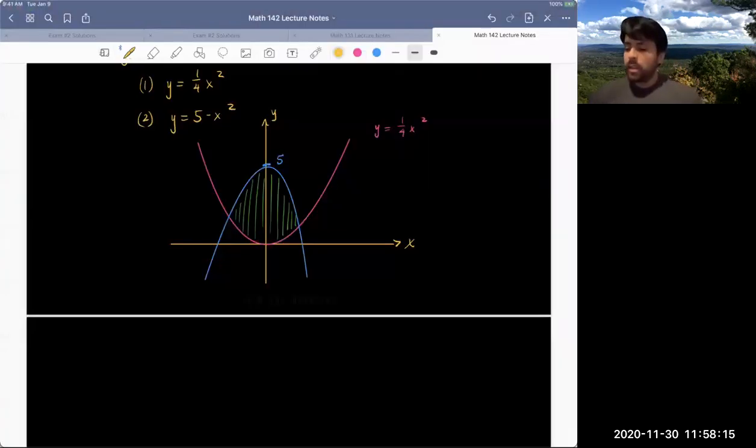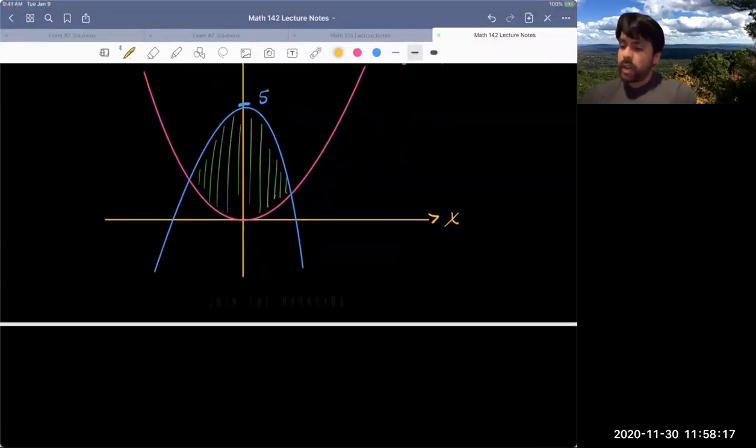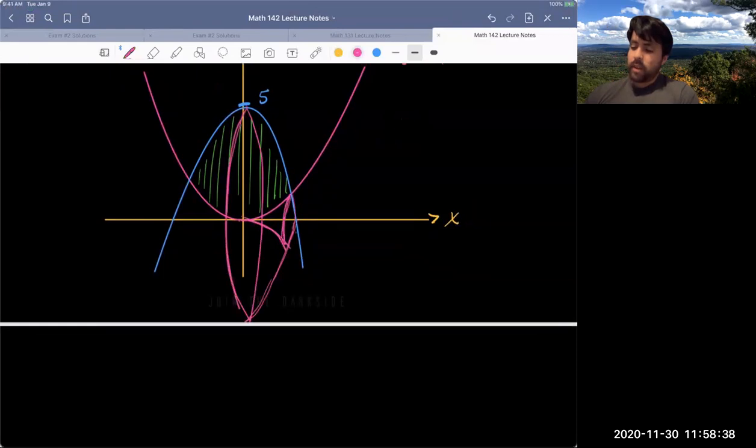So the idea is that the result of revolving this region around is I get something like this. This is not the greatest, okay? I can't really draw this whole thing here.